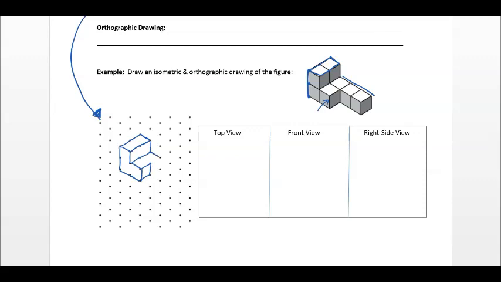So from this corner, I'm going to go three blocks, and I'm just going to finish it up so it looks like the same three-dimensional shape. Okay, you may have noticed that I didn't write in all of these lines, and that's because it's going to be better for me to leave them undone for you to see the next kind of drawing.